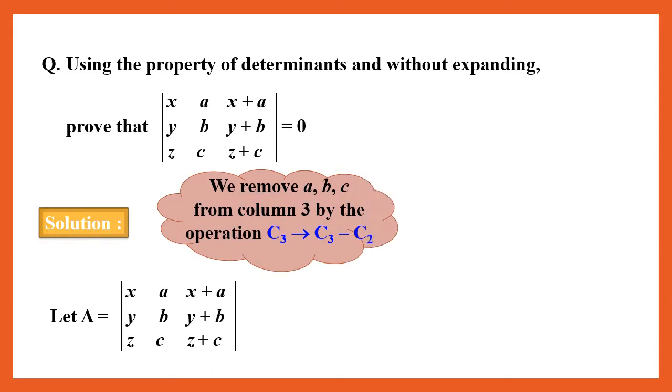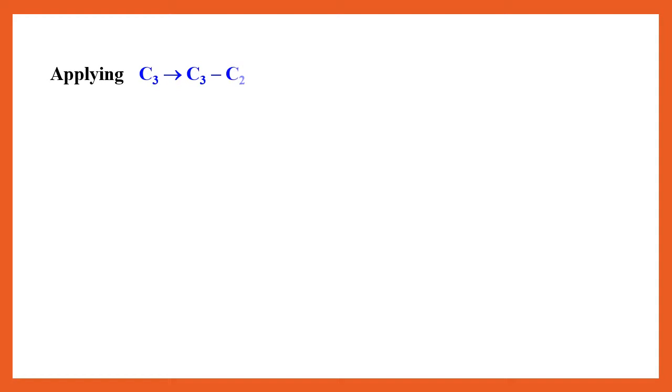So by applying the property C3 implies C3 minus C2, we get the elements of C3 will change to C3 minus C2. So write down all the elements of C3 and use the elements of C2 to take the difference of C3 and C2.